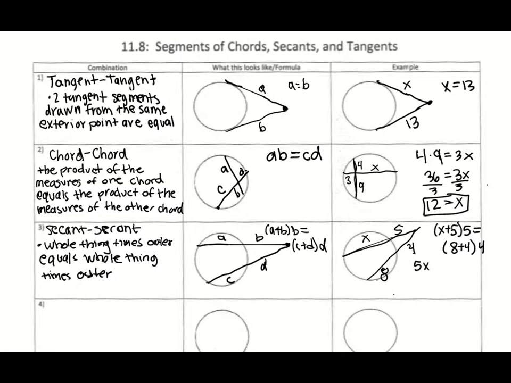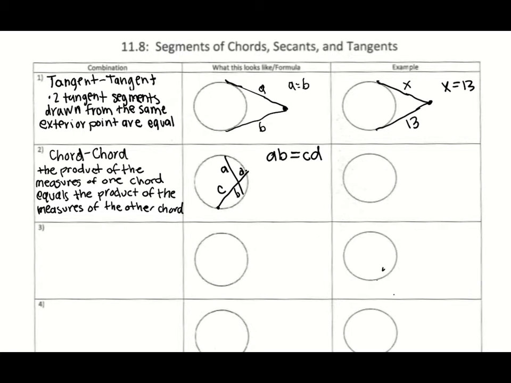We can distribute that 5 up above, so we get 5x plus 5 times 5 is 25. And then 8 plus 4 is 12, times 4 is 48. Subtract 25 from both sides. We get 5x equals 23. And when we divide both sides by 5, we get x equals 4.6.